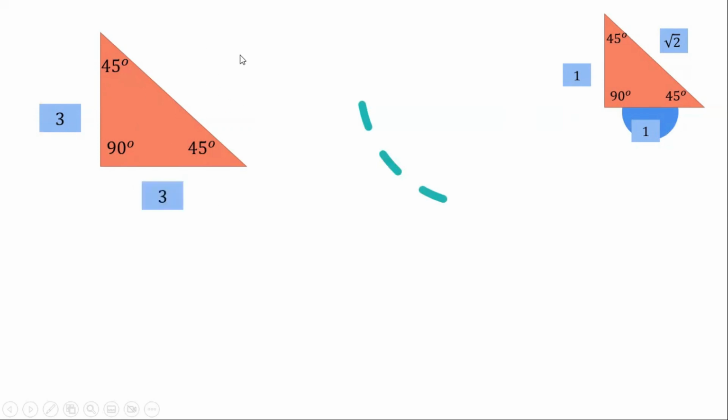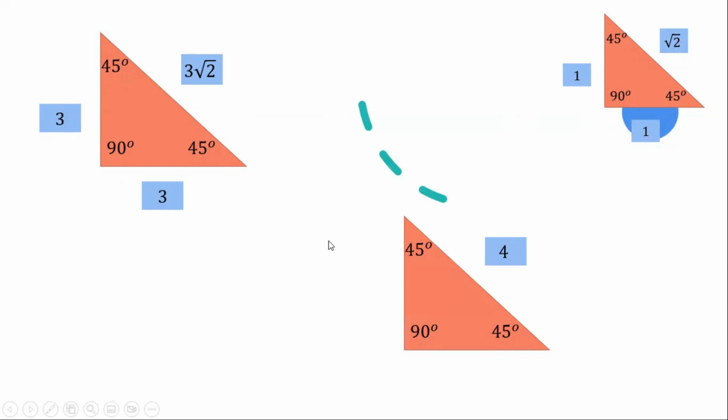To solve for the third side, you can use the Pythagorean theorem, but just using a multiple of the given right isosceles triangle, we can just multiply 3 by square root of 2. So we get 3 square root of 2.